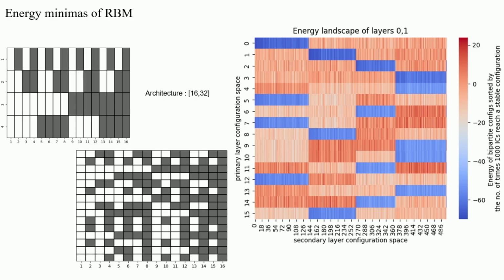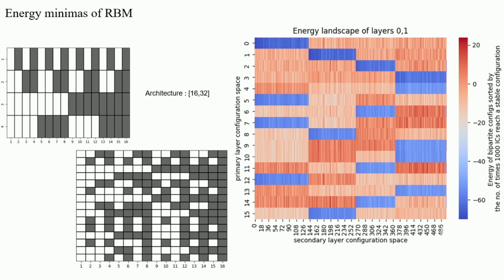Again this is the node index, and this is the pattern index. It collapses onto these patterns, arranged according to the number of times it has converged. The top ones have converged the maximum number of times.